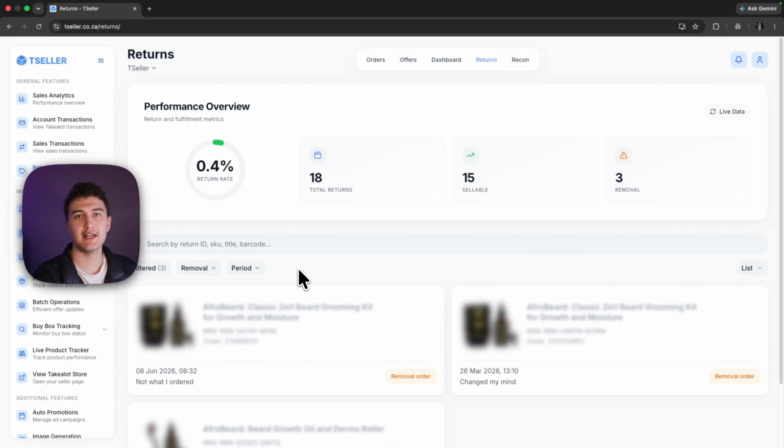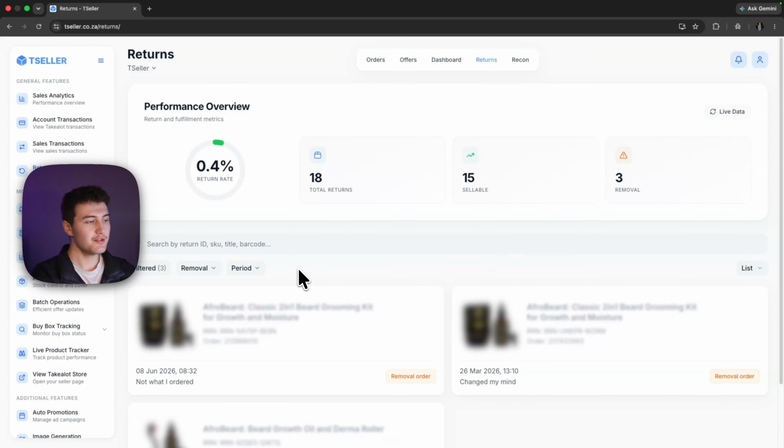Another thing people don't often do is they don't actually go ahead and fight their returns. And what I mean about that is Takealot has a dispute process. So you can go ahead and you can capture evidence and dispute a certain return to Takealot via the ticket submission form. And then they will accept that the customer is wrong based on the evidence, send the product back, give you your funds back, or obviously remove that from your metric.